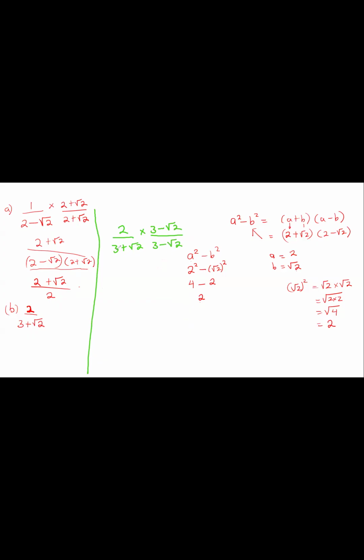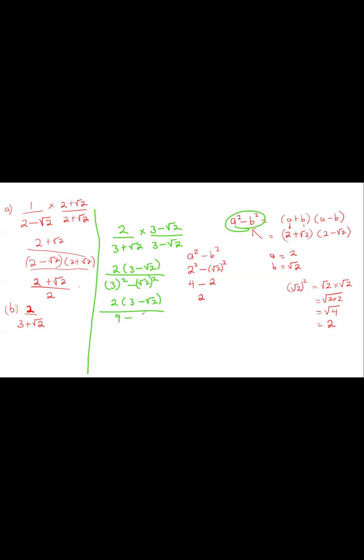But I told you the denominator is the difference of 2 squares. So you allow me to have 2 times 3 minus root of 2 divided by, now difference of 2 squares, I will say this is 3 squared minus root of 2, everything squared.